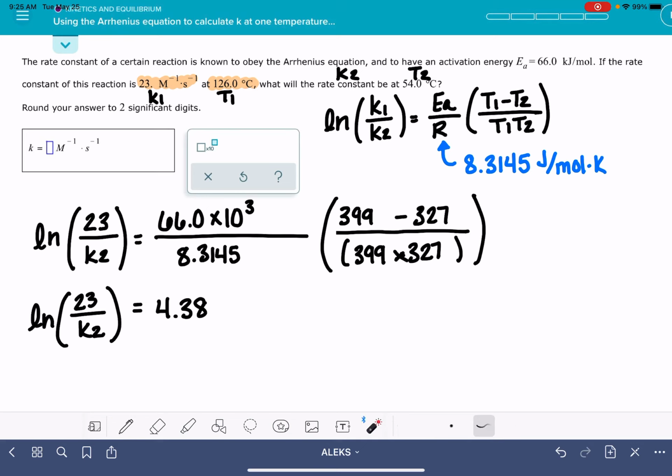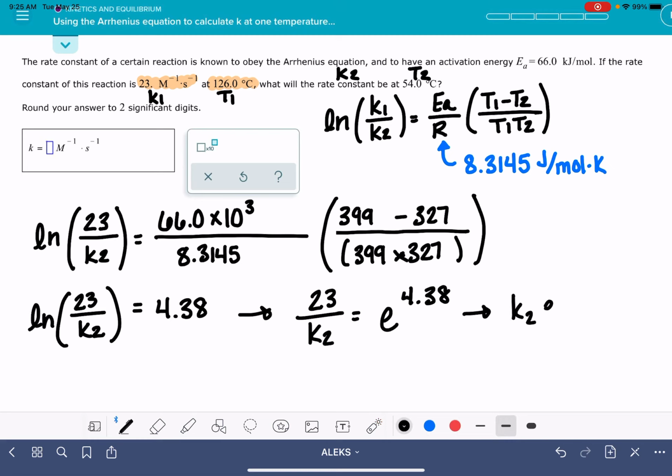So now I've got to work on isolating this K2. What I'm going to do is use the inverse natural log to get rid of that natural log form, and that's going to mean that I need to take the right-hand side of the equation and use the E function right there.